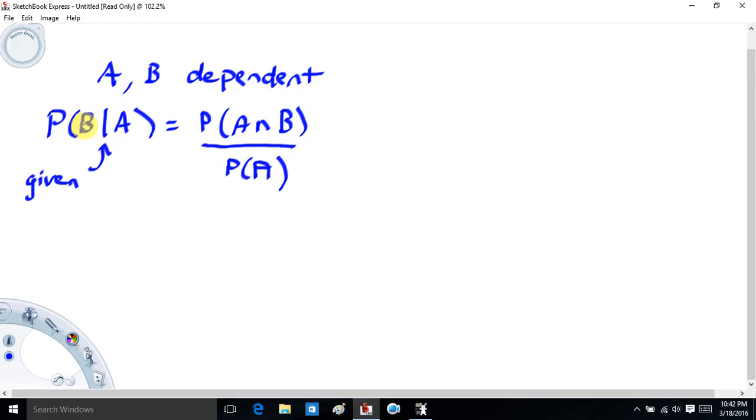The probability of B given that A occurs is the probability of A and B over the probability of A.